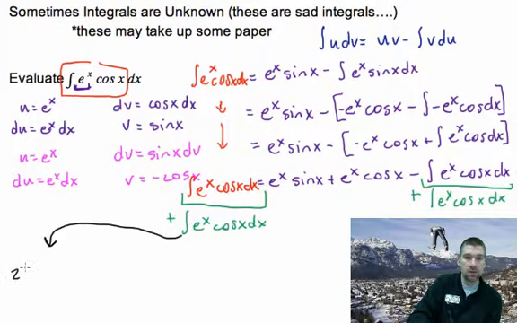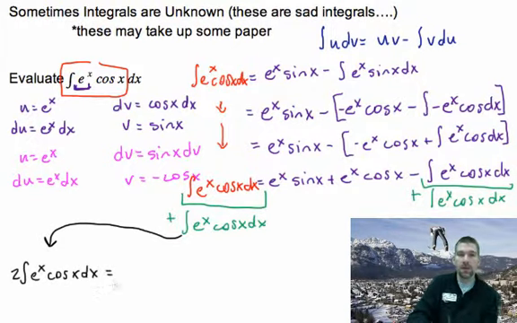We get 2 times the integral of e to the x cosine x dx equals, and then on the other side, we've got this e to the x sine x plus e to the x cosine x.